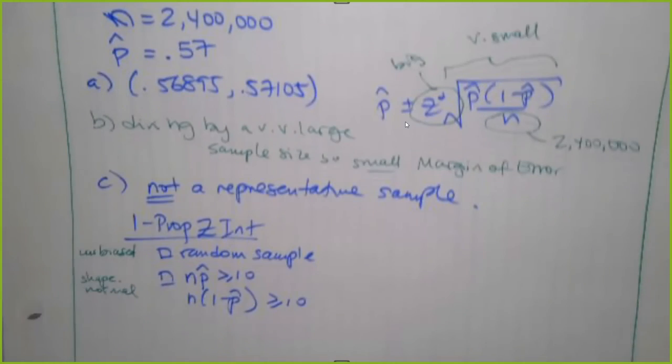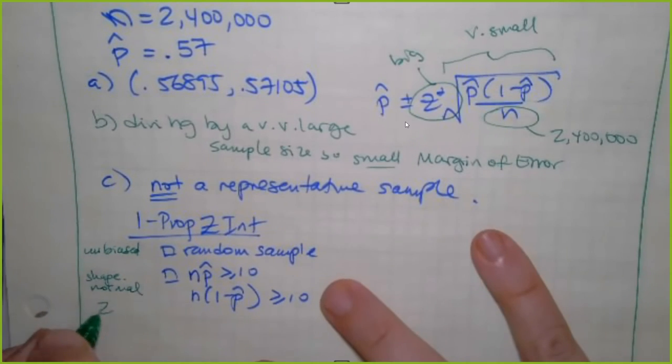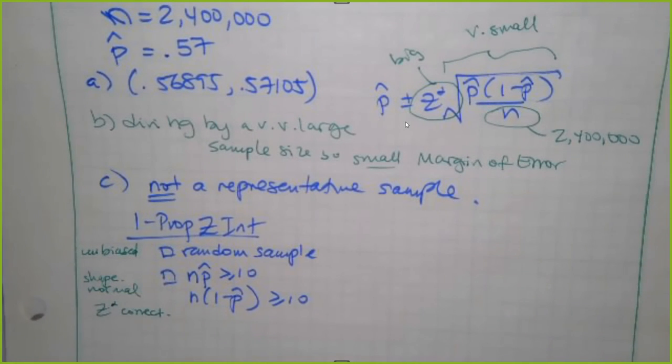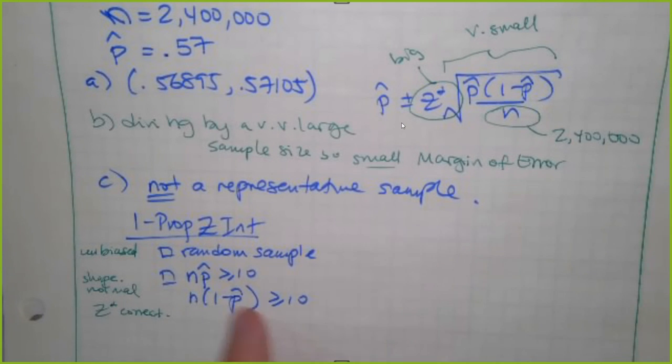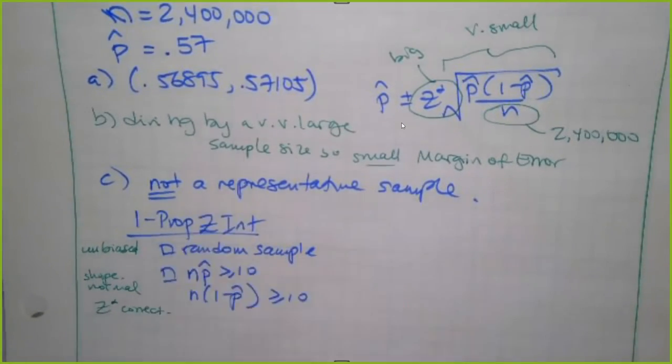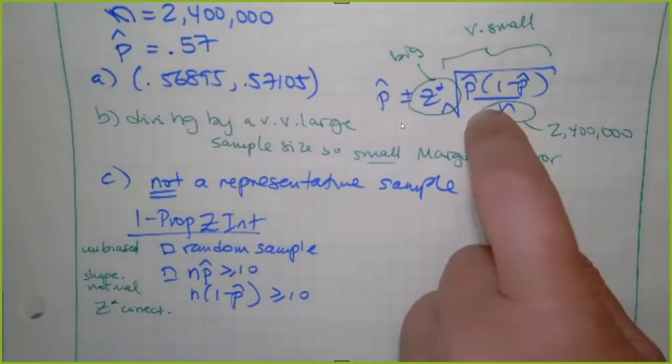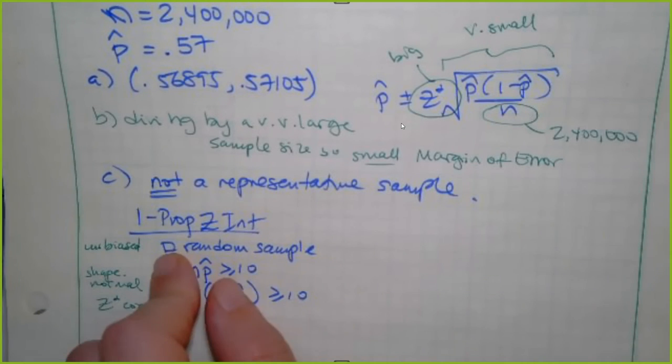If you meet this condition, that means that your z-stars are correct. So you want to be checking those two before you decide that your confidence interval is valid. So for the rest of today's classwork, when it's asking you to check those conditions, start here first, then do the interval. That way you won't make a silly mistake where you do a bunch of work and you're like, wait, I failed at the very first bullet point.